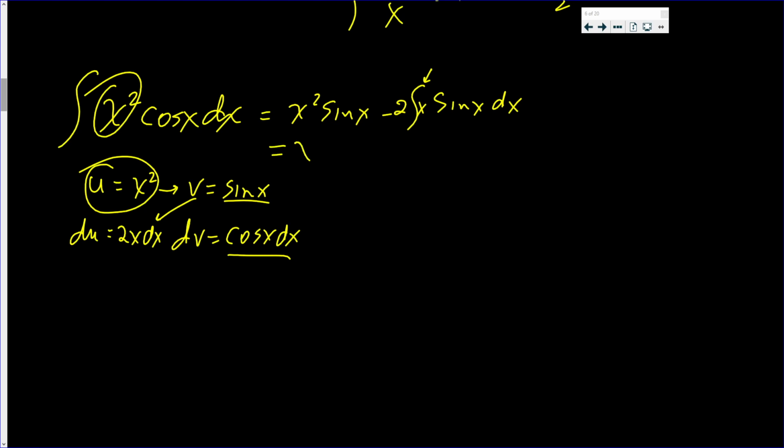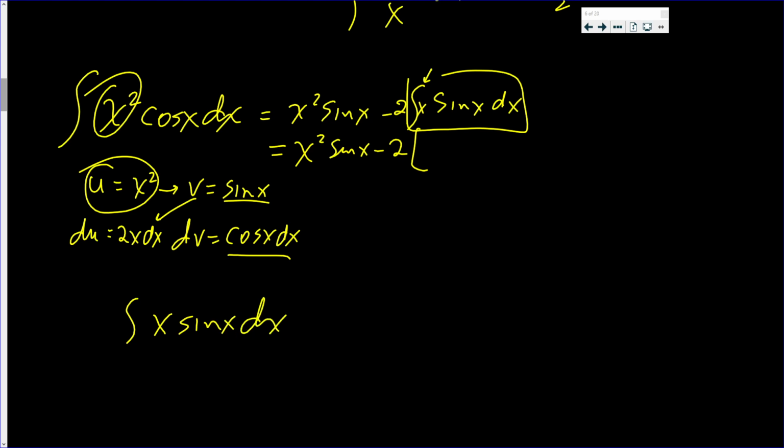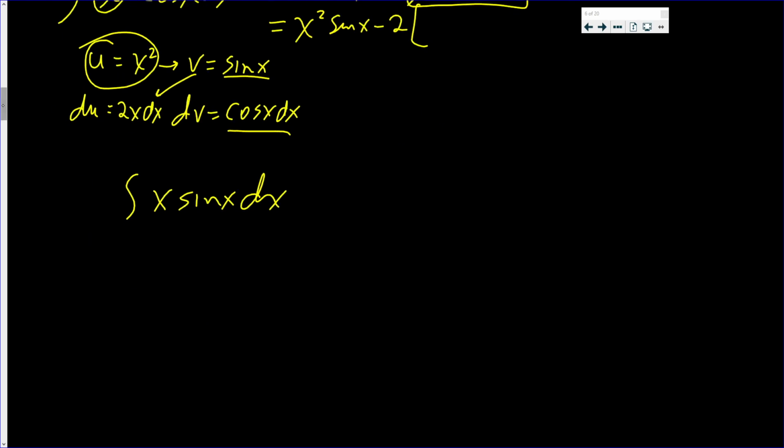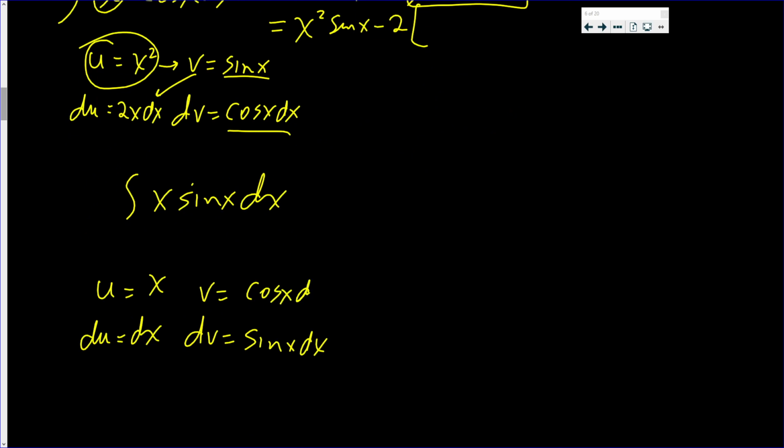So the answer is going to be x squared sine x minus 2 times whatever this integral is. So on the side, let's evaluate this integral. And we're going to do it by parts. Let u equal x, then dv is everything left over. Du will just be dx, and v would be negative cosine x.